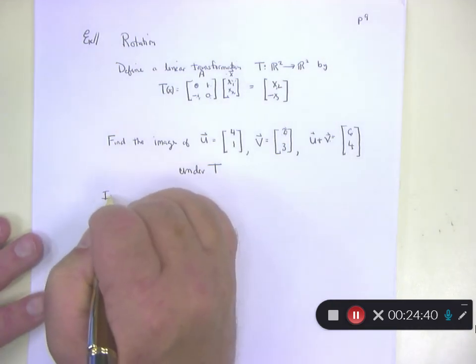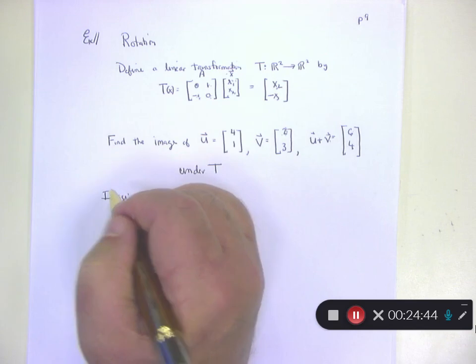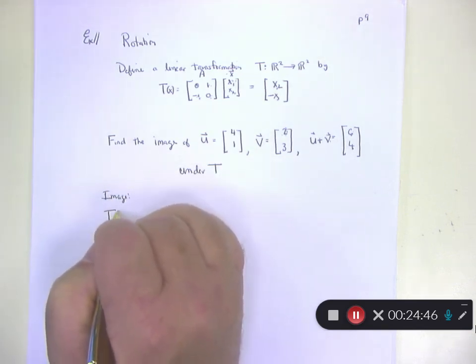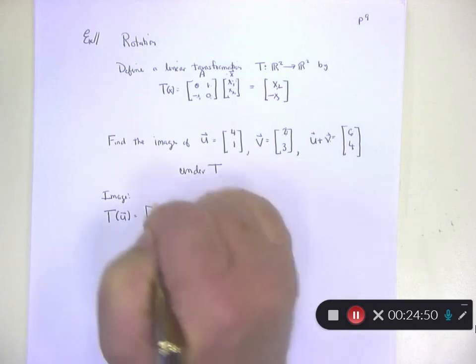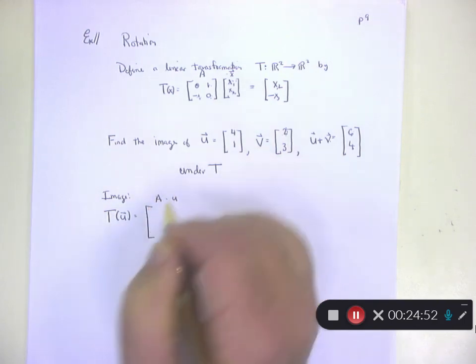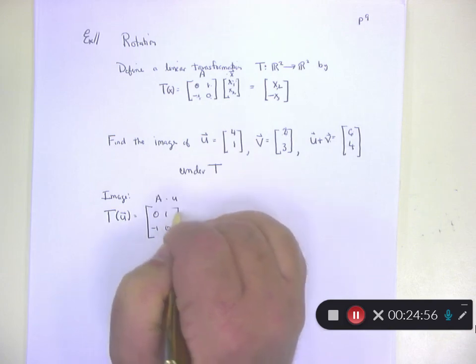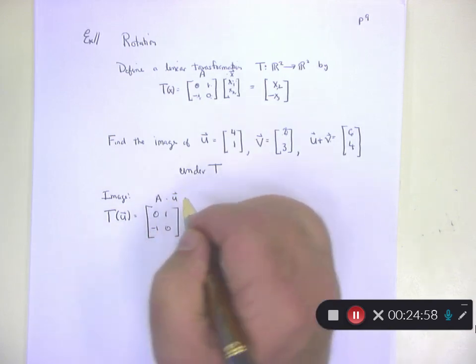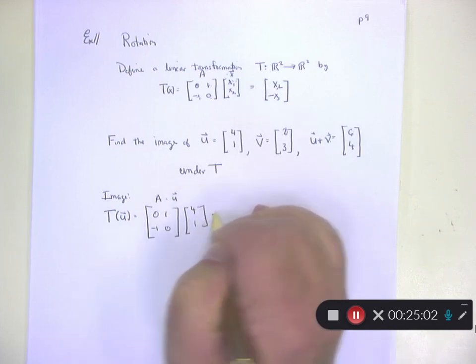Now, image is what we're after here. So, what would T of u be? That would be matrix A times vector u. What was matrix A? 0, 1, negative 1, 0, times vector u. What was vector u? 4, 1.